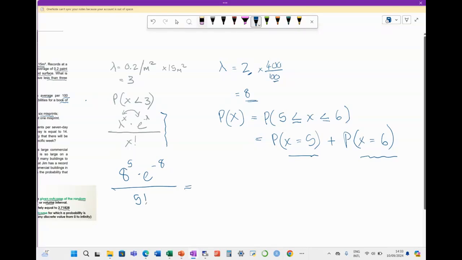If you can calculate that, number 1. Number 2, probability of X being equal to 6: 8 to the power 6 times e to the minus 8 divided by 6 factorial. Now can you see why I think this is better than the binomial?